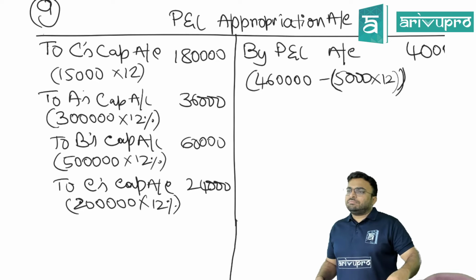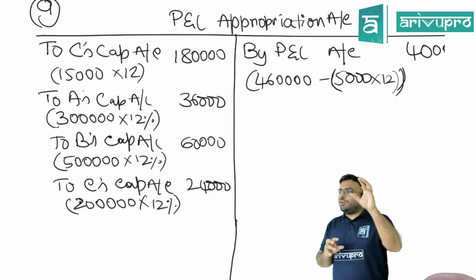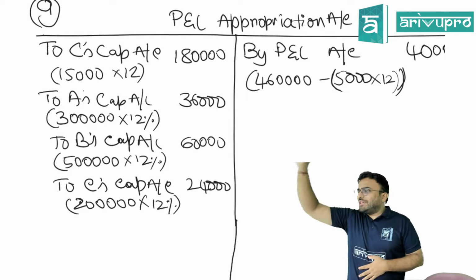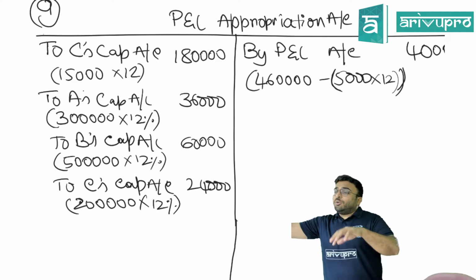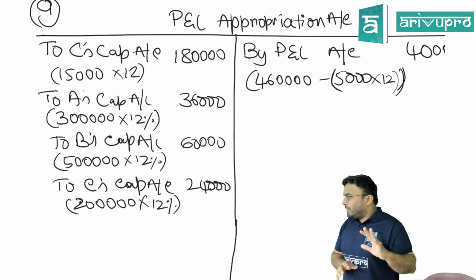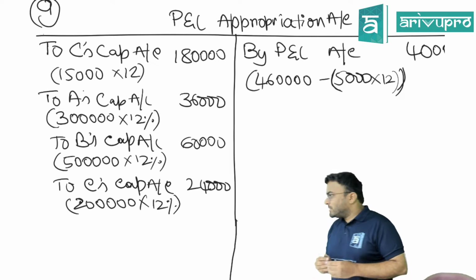Listen, guys. Why is there a difference in treatment between salary to partner and rent? Rent is a P&L item which has been put into drawings. That we are rectifying. Salary to partner is a P&L appropriation item, so we'll put it in P&L appropriation. Is this clear? Are you following this? Yes.